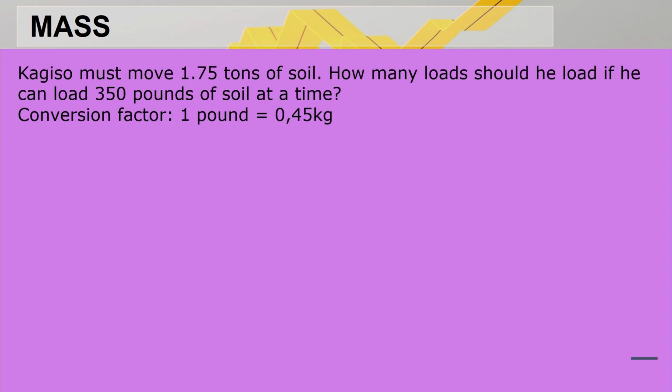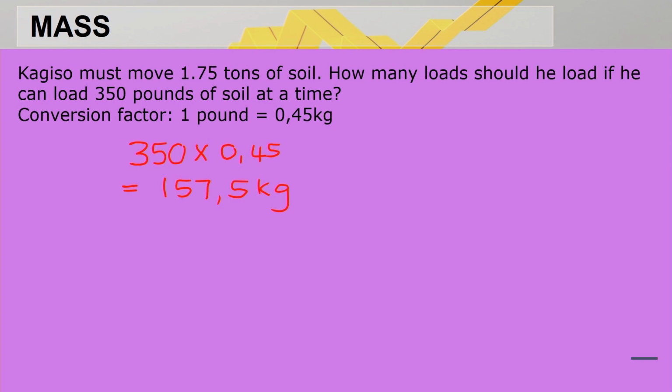So the first thing that we need to do is take the pounds, the 350, and multiply it by 0.45, which gives us 157.5 kilograms. But now, again, that is showing us that we can move 157.5 kilograms at once, okay?